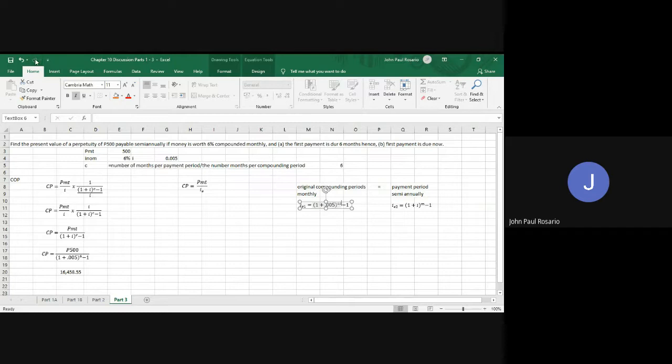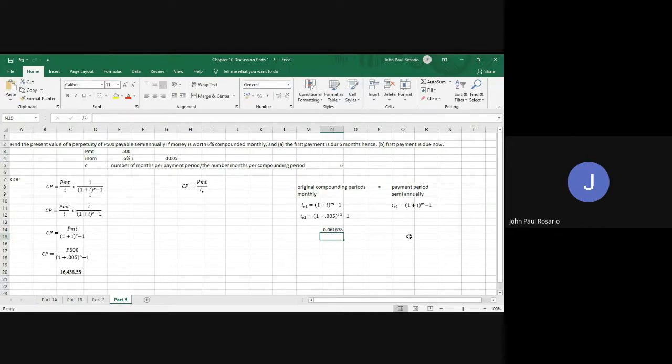I shouldn't have put that directly. Sorry. So if we solve for this, it should give us 1 plus 0.005 raised to the power of 12 minus 1.